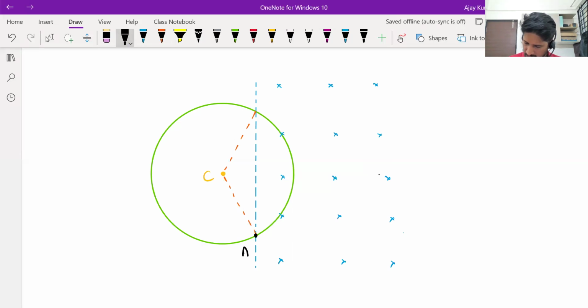It enters at this point A with the velocity making an angle alpha with the x-axis. And it leaves from here, from this point B, with velocity like this.